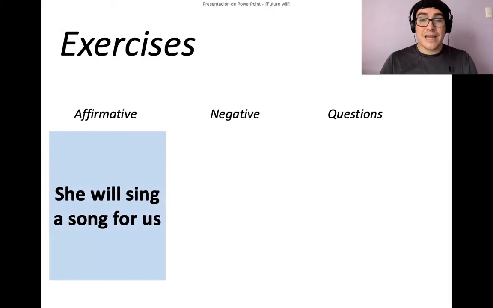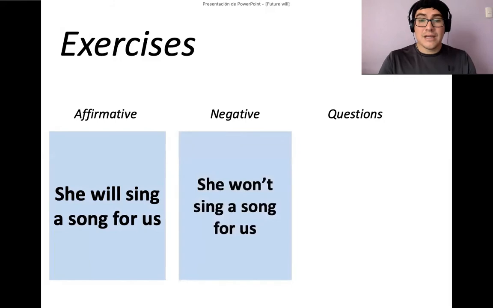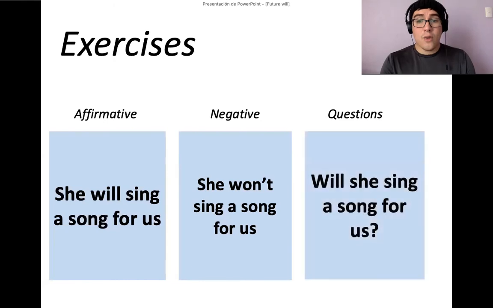So in this case, the negative is she won't sing a song for us, or she will not sing a song for us. What's the interrogative, or what's the question? Can you tell me the question? The interrogative or the question is, will she sing a song for us?